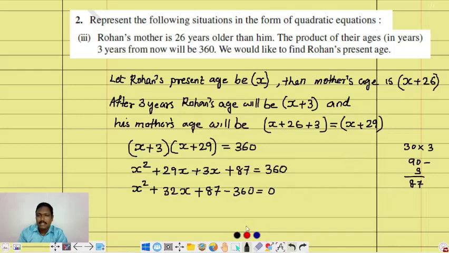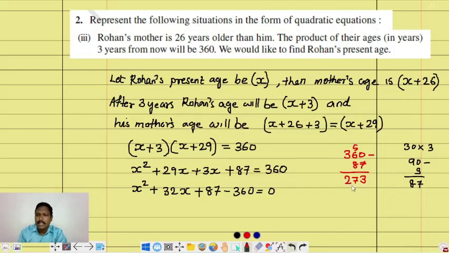You have to subtract 87 from 360. 360 minus 87, how much? From 10, when you subtract 7, you will get 3. Then here we have only 5 because we have borrowed, so 15 minus 8 is 7, and here we will have only 2.